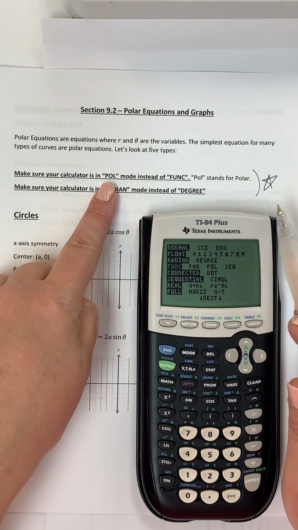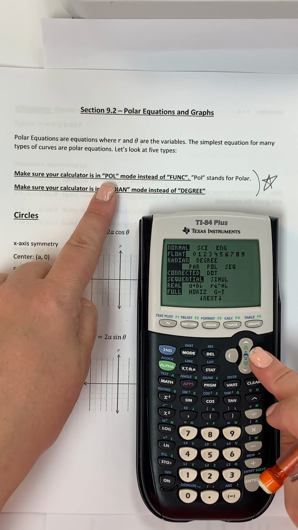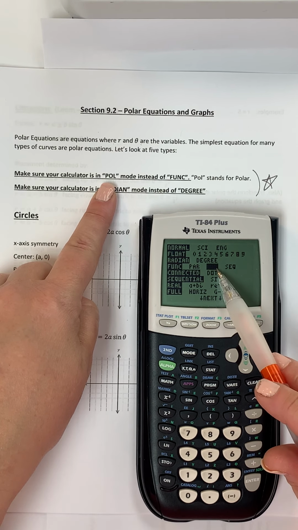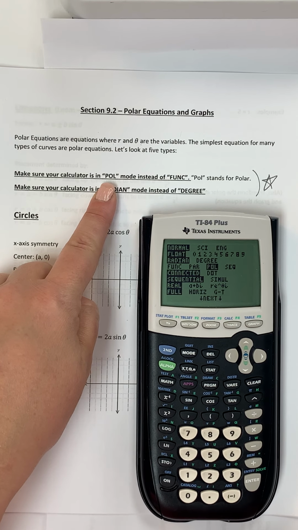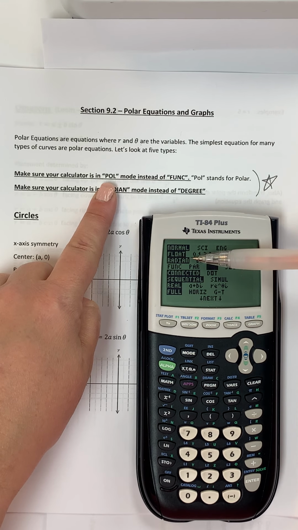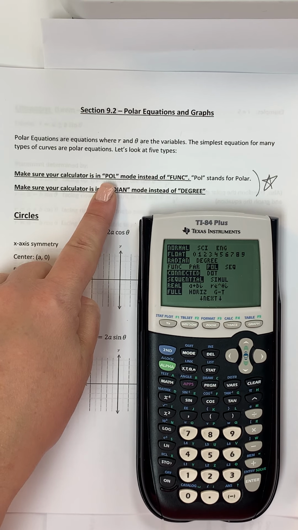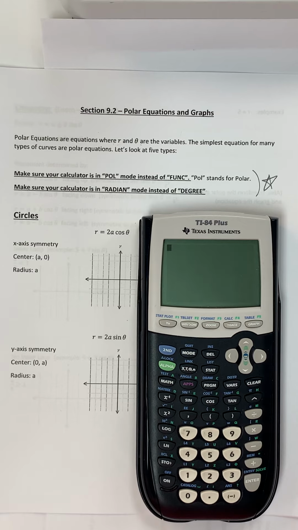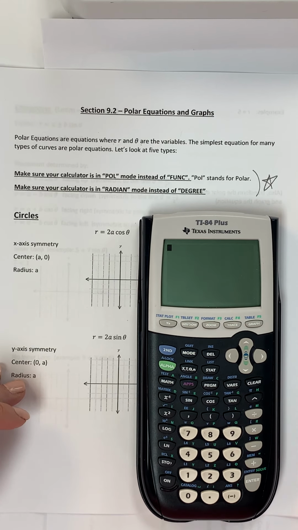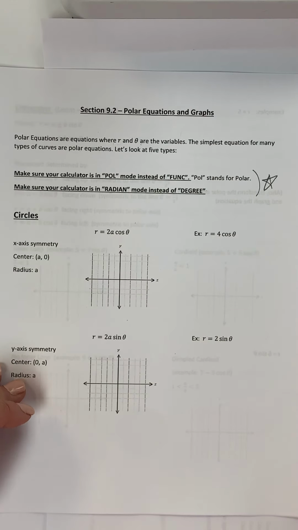But now for this section, we're going to scoot over to the POL mode and hit enter. That is so important. If you are not in polar and radian under mode, you are not going to be able to graph these. So we want both of those, and then we're going to quit. Okay? All right. So let's set this aside for now.